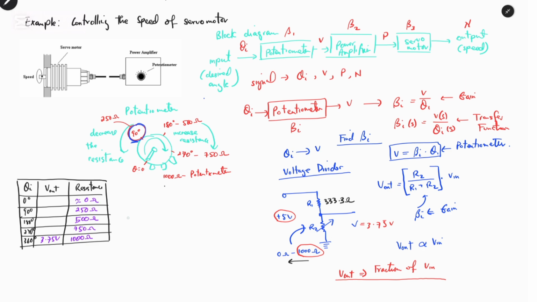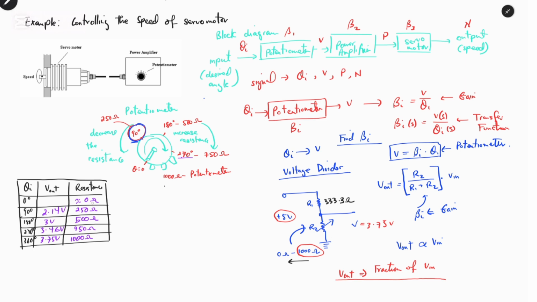Now when we turn the knob to 270 degree, what will be the voltage output? It will be equivalent to 3.46 volts, and at 500 ohms, we should get 3 volts. For 250, we can have 2.14 volts.